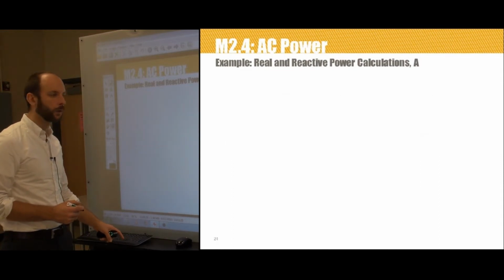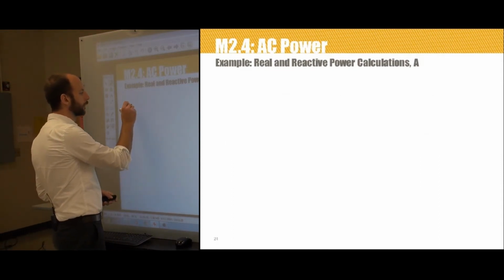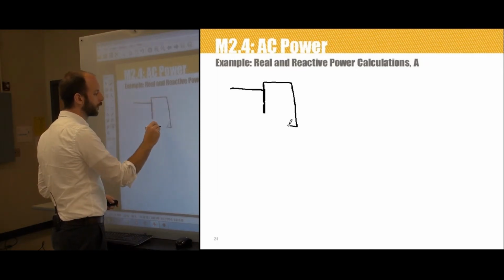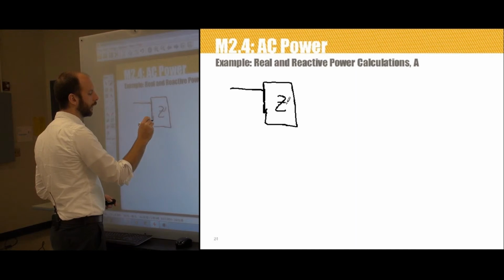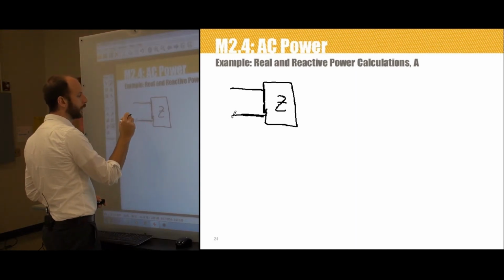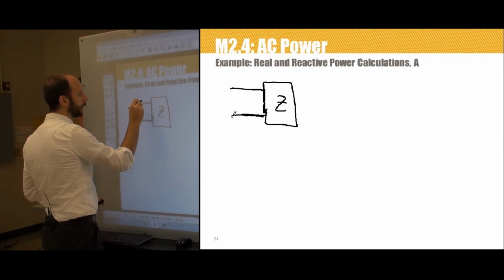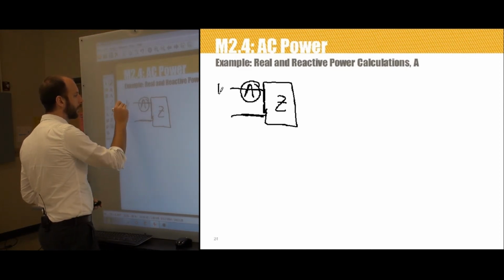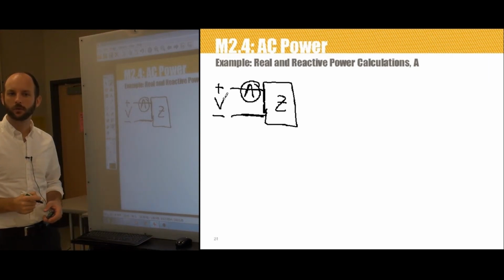So what is this saying? That's the first thing we want to look at. We've got some arbitrary network Z, and what do we know about Z? Well, we've stuck an ammeter in here, and we're measuring its current in, and then we've stuck a voltmeter across it, and we've measured its voltage, right?